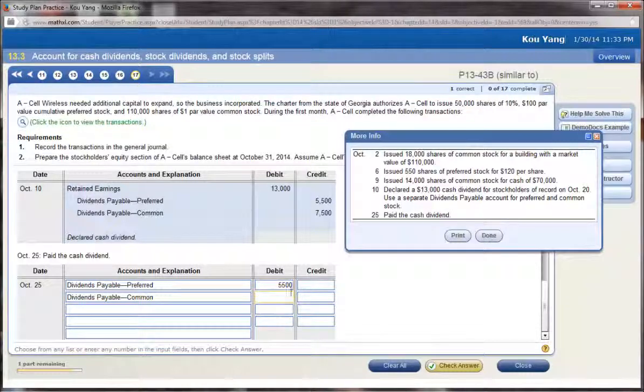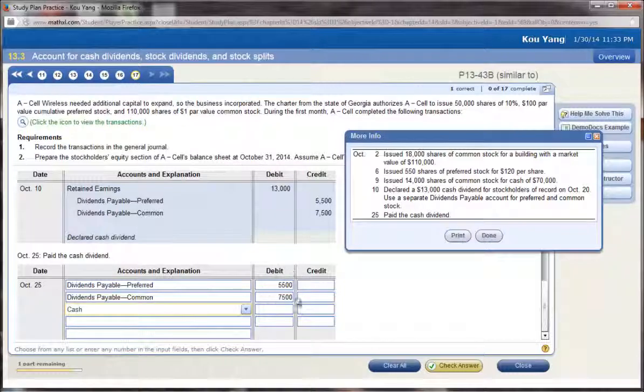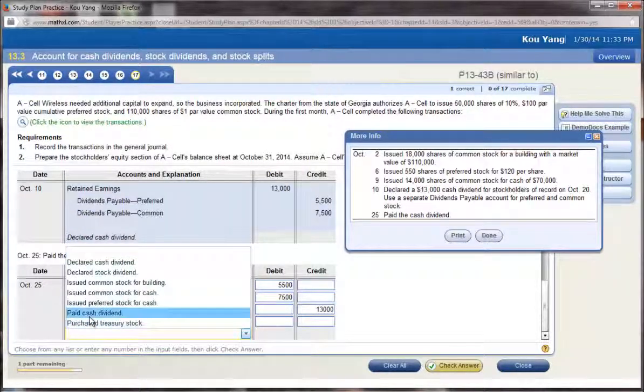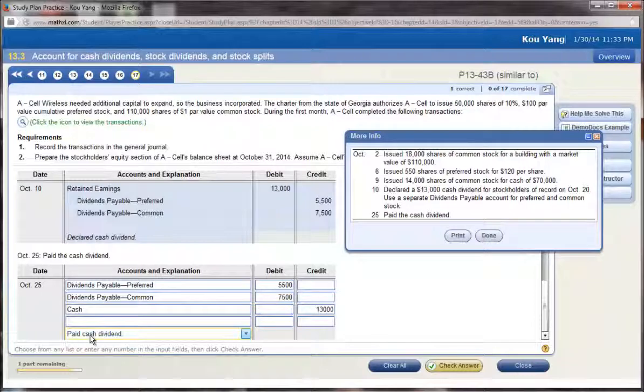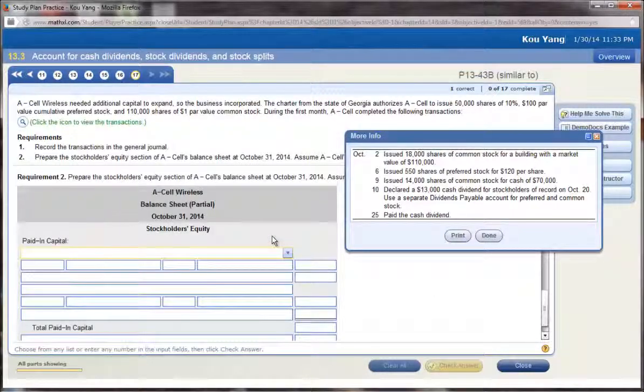And I have to reduce the same amount that I declared for the common. Then I'm going to credit my cash for that total amount of $13,000 for the cash dividend. And that's paying the cash dividend here. We know we paid it because cash is reduced. And that's how you do that one.